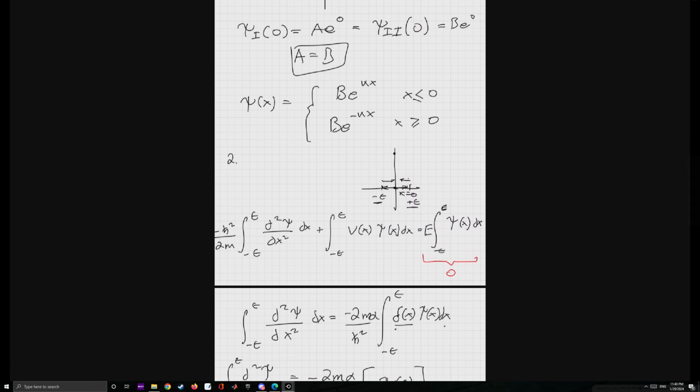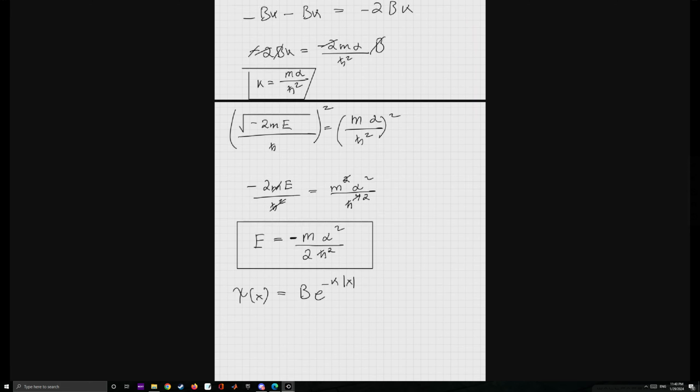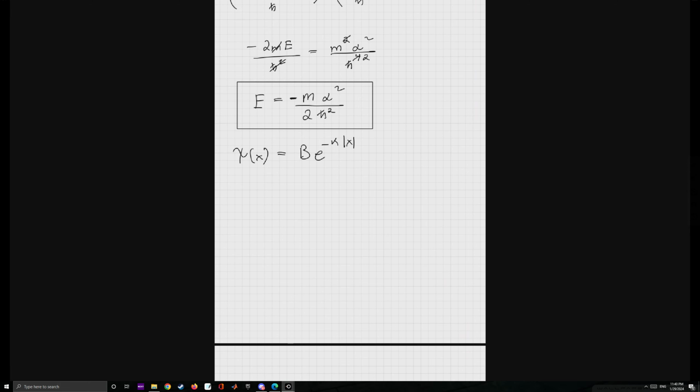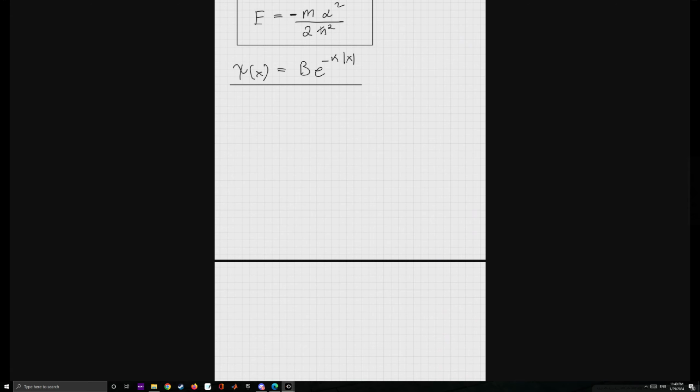I'm just taking this whole thing and writing it this way. You're allowed to do this. And let me normalize it now. So normalization is from negative infinity to infinity of psi of x squared dx.